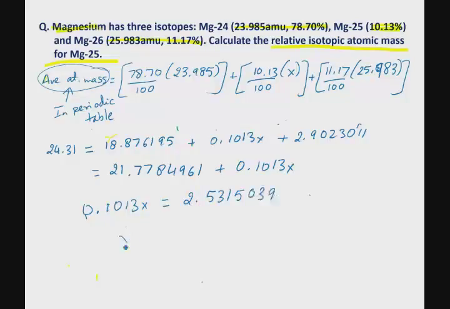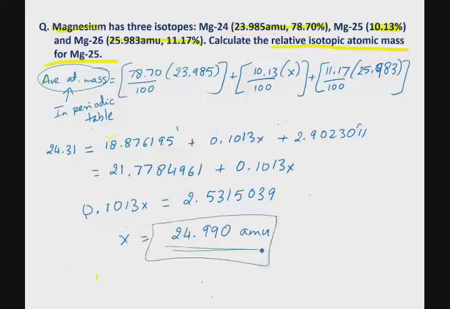That means x equals 24.990. Since it's an atomic mass, the unit has to be AMU. I chose to write this in 3 decimal places because the given atomic masses of the isotopes are also in 3 decimal places.